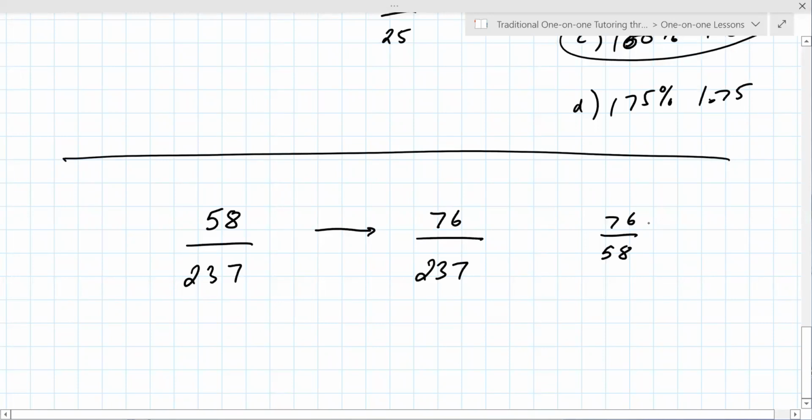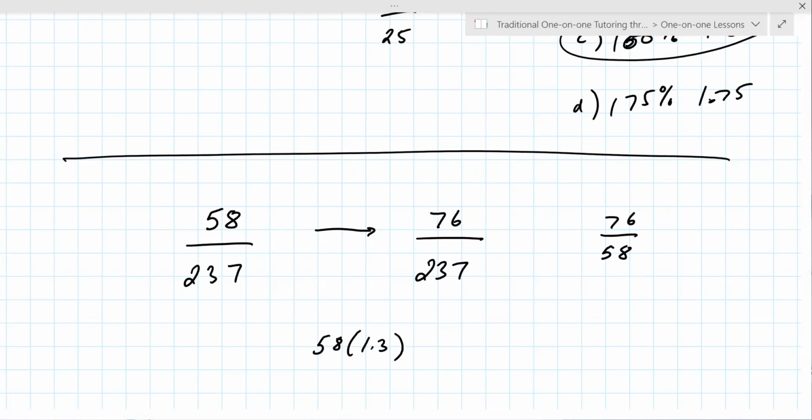I'm hoping you can try to estimate it. Like 1.25, 1.3. Okay, so take 58 in your calculator and multiply by 1.3. 75.4. Yeah, so it's pretty close.